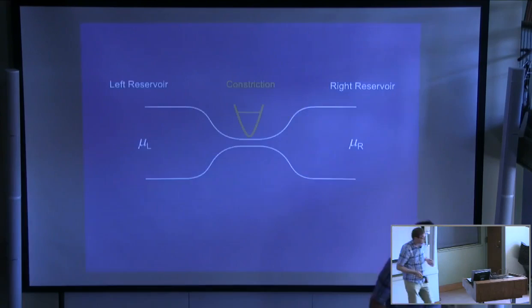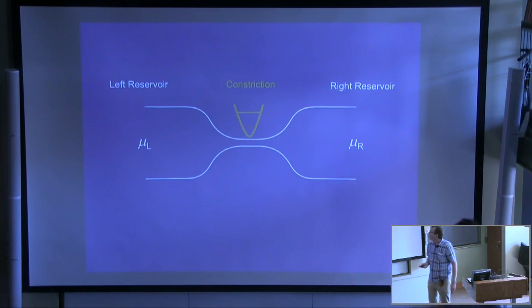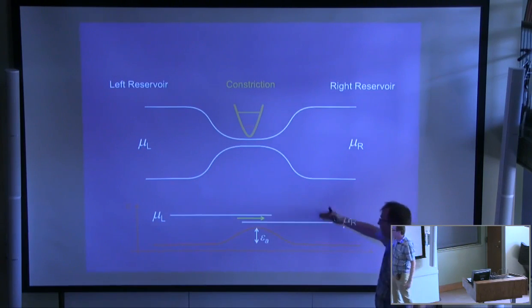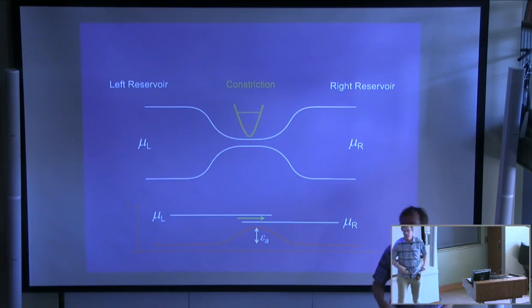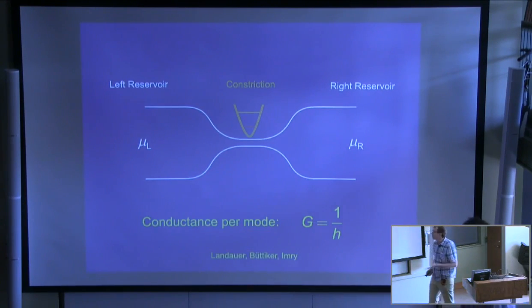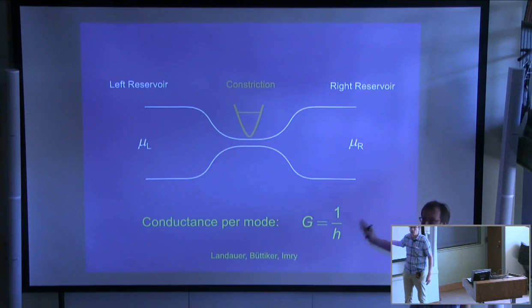And if you analyze this problem by simply taking two reservoirs and some constriction, which may be a radial harmonic oscillator, and then calculating the current as a function of some bias in the chemical potential, then you will find that your conductance is quantized, and that each conducting mode contributes with a conductance of 1/h.